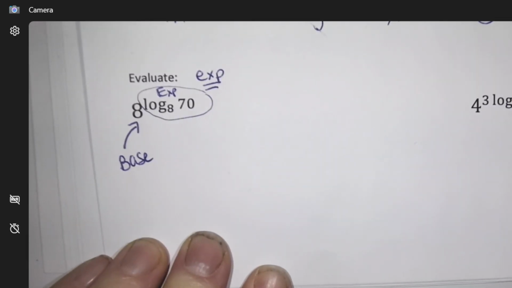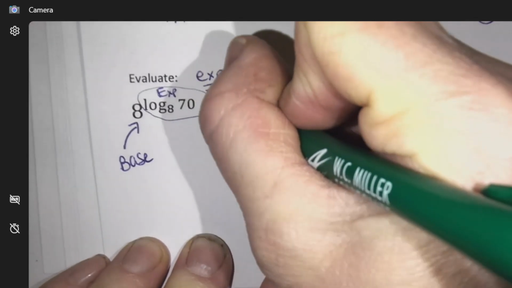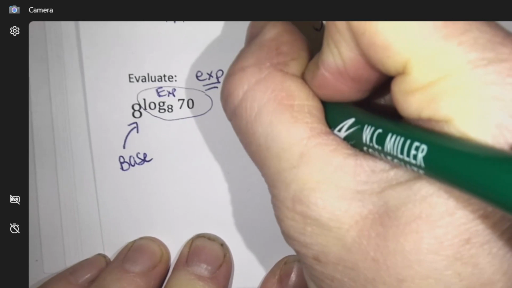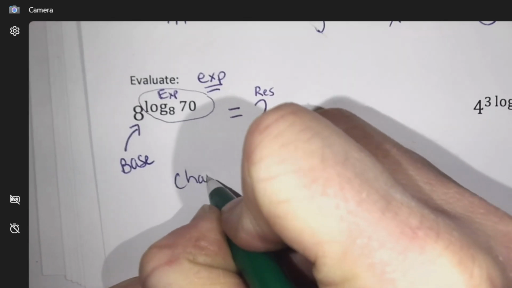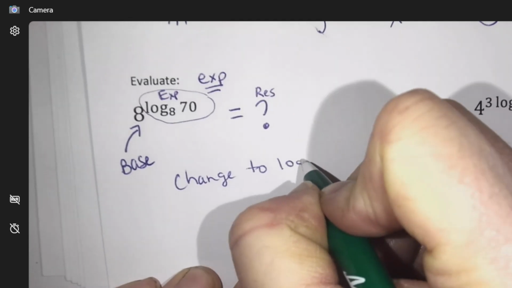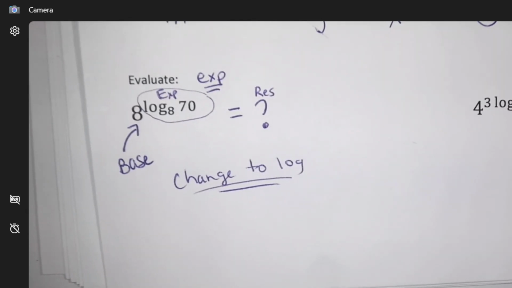This is the exponent, and it will equal some kind of result. So it is an exponential. So can you change this to a log?